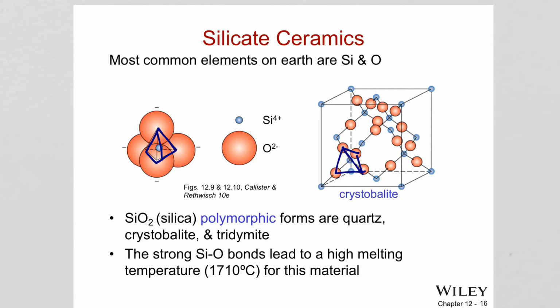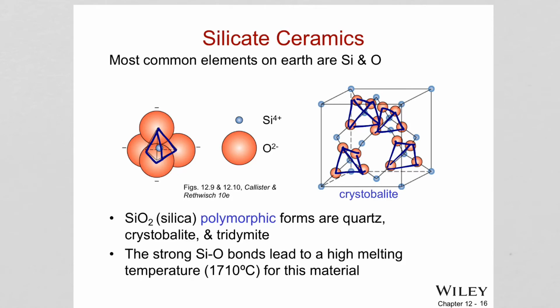Okay, so there are the tetrahedrons I'm drawing for you so you see it. In the middle there is the silicon cation. So how do these tetrahedrons arrange?